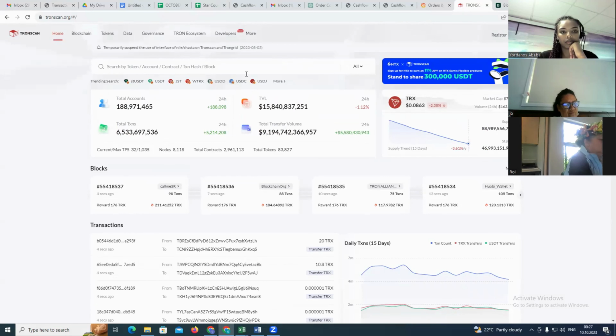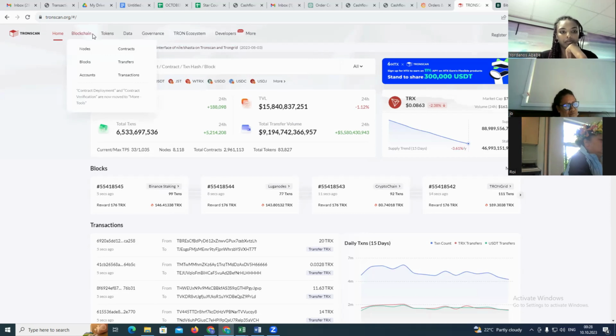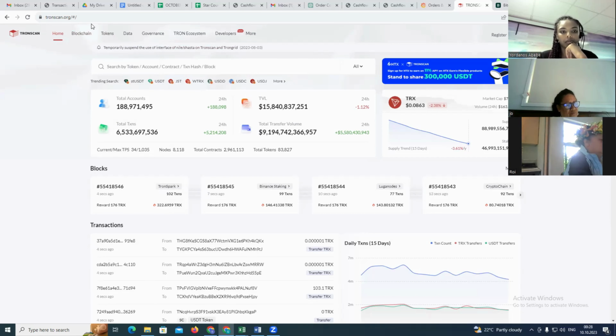We have different network protocols: BEP20, TRC20, ERC20. Whenever you use ERC20 to send funds from your wallet address, that is Etherscan, the Ethereum network protocol. Whenever you use TRC20, that is TronScan, the Tron network protocol.